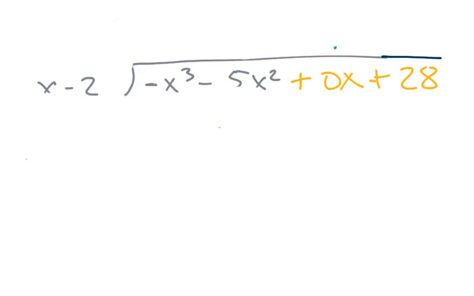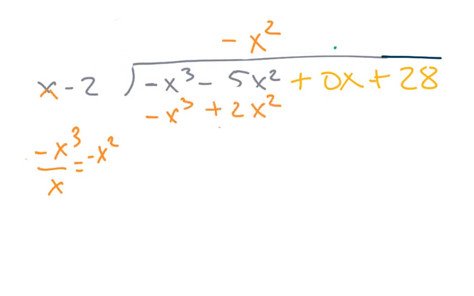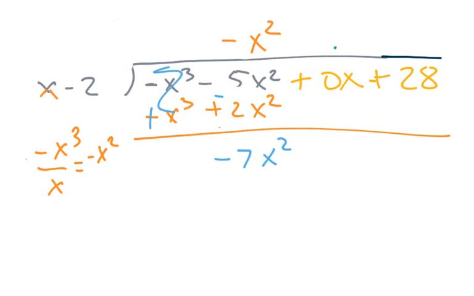This time when I attack it, I'm going to go a little faster. So we're going to see how many times does x go into negative x cubed. This is going to be negative x squared, so we're going to have negative x squared. Distributing, we get negative x cubed plus 2x squared. Then I'm going to subtract, which means I'm going to change the sign, so I'm going to get negative 7x squared. This is going to subtract out. I'm going to bring down the rest of it.